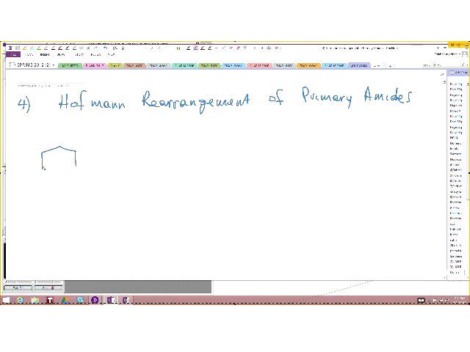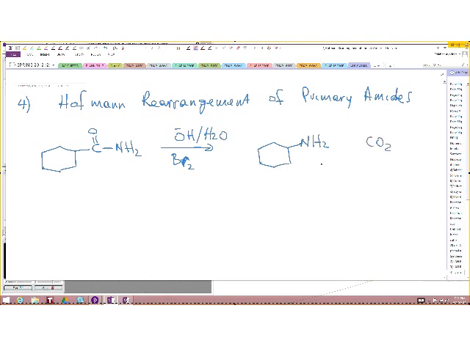If you take this primary amide here, and you take hydroxide in the form of sodium hydroxide or potassium hydroxide, in water, of course, in the presence of bromine. In other words, you add hydroxide and bromine together, what you get is this here, plus carbon dioxide. So you are losing carbon dioxide here.